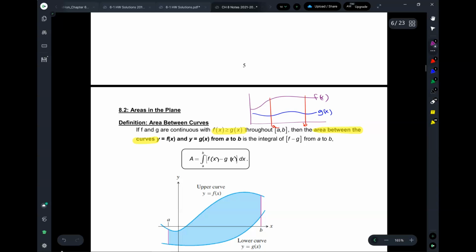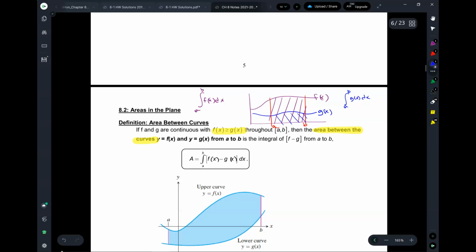So now, if I do integral f of x dx from a to b, what does that find me? That entire area, from the curve to the x-axis, all right? And if I do integral a to b g of x dx, what does that find?